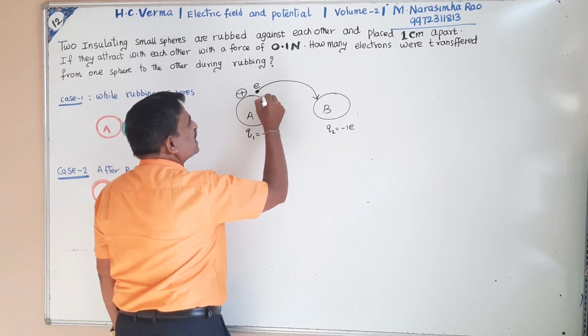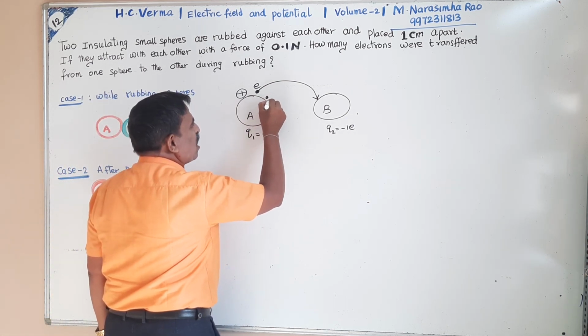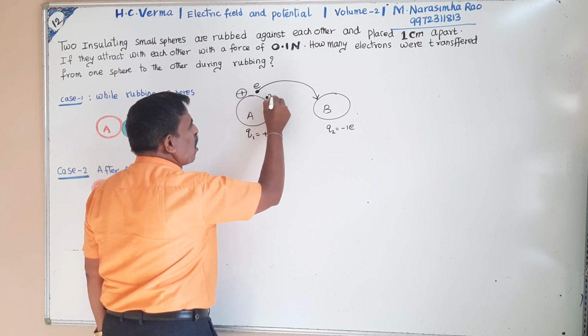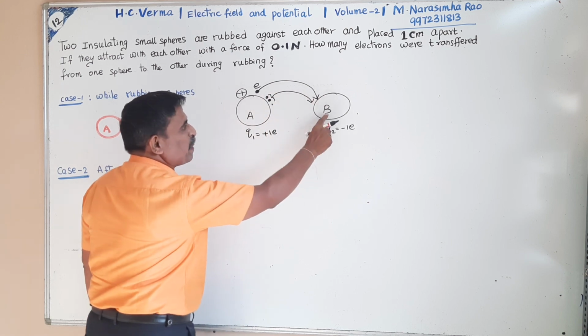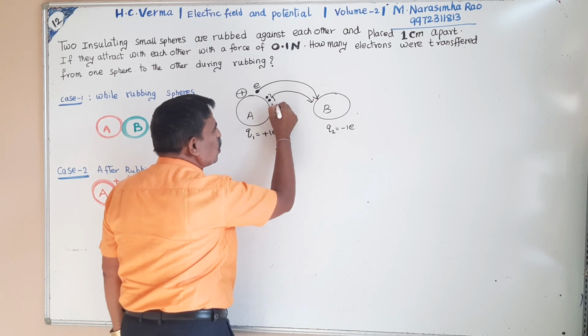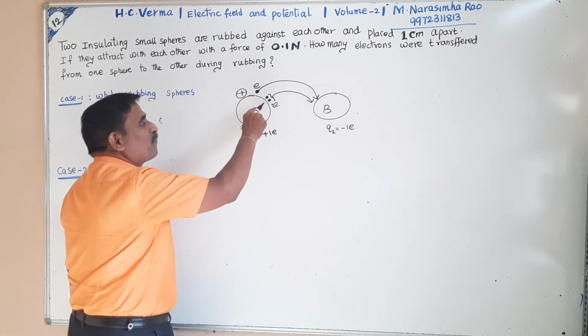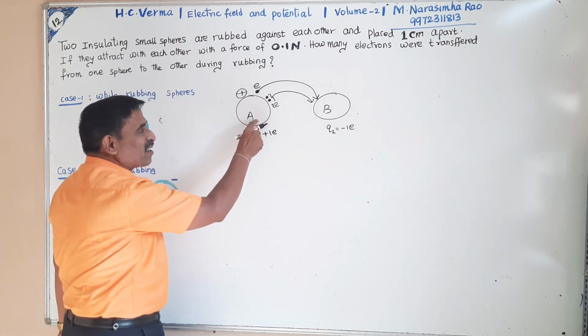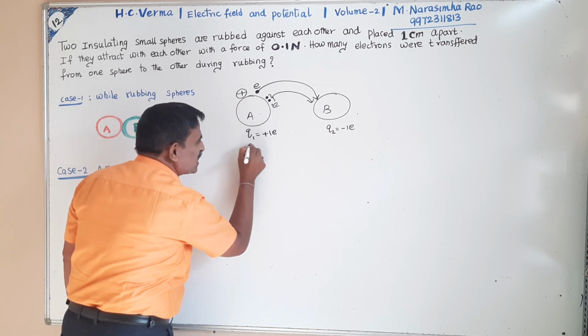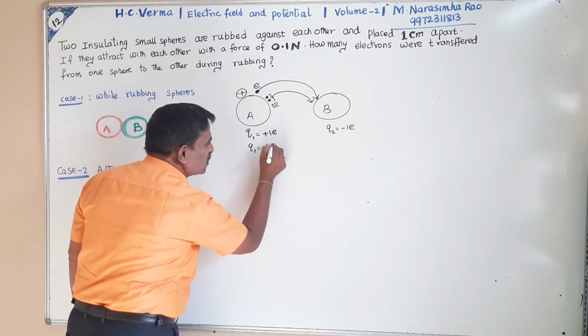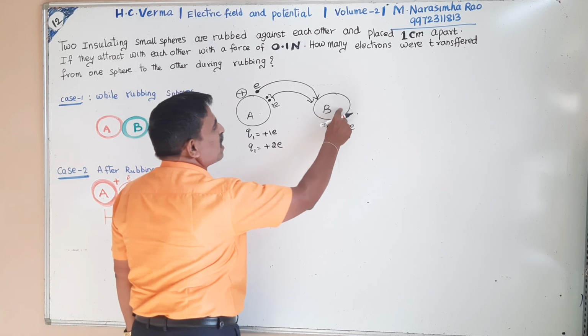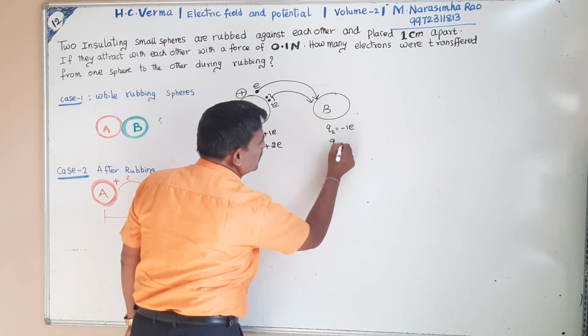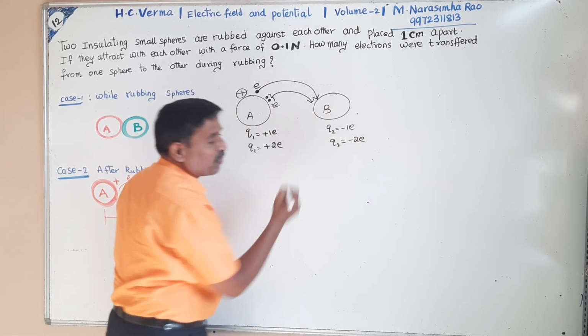Suppose this sphere is losing 2 electrons and this sphere is gaining 2 electrons. After losing 2 electrons, the charge of this sphere becomes plus 2e. Charge of this sphere becomes minus 2e.